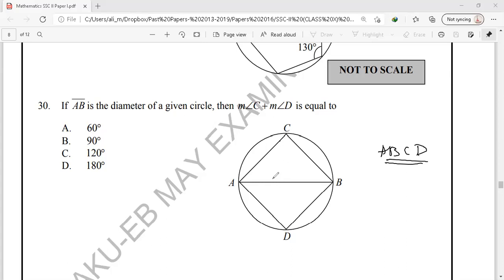The opposite angles of a cyclic quadrilateral inscribed in a circle are supplementary. Angle C and angle D are the opposite angles of a cyclic quadrilateral in a circle, so the sum of them will be equal to 180 degrees. So for question number 30, the correct option is option D, 180 degrees.